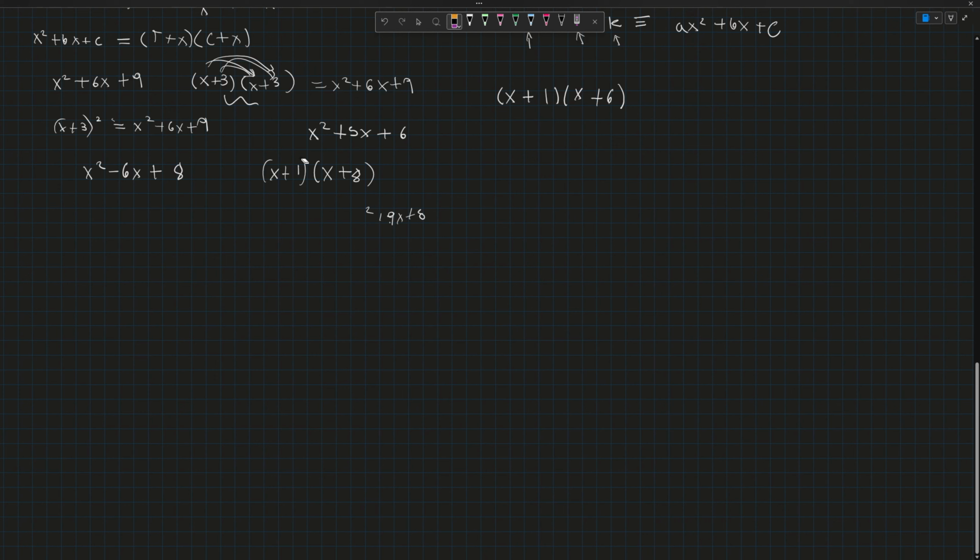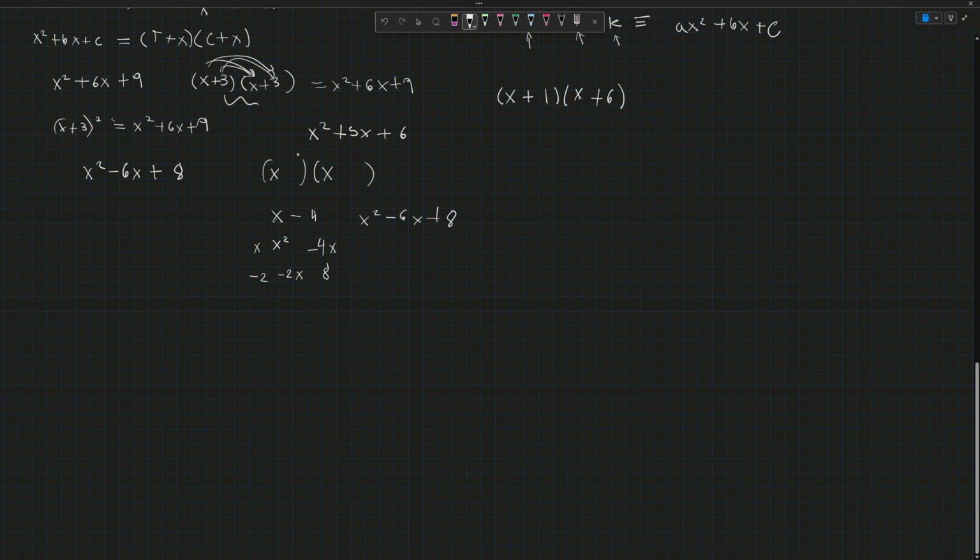So how about we try instead x minus 4 and x minus 2. x squared, minus 4x, minus 2x, negative times negative becomes positive, x squared minus 6x plus 8.